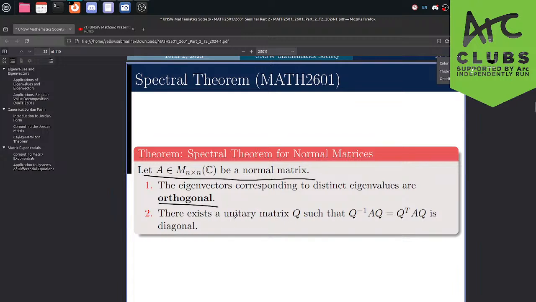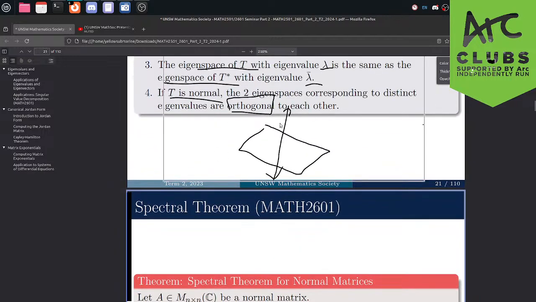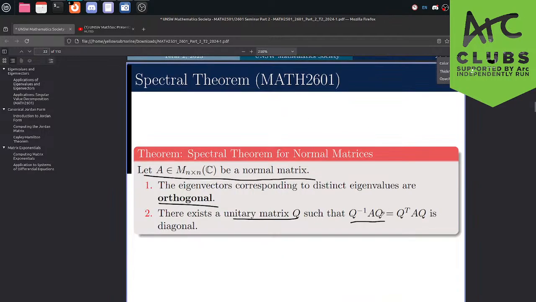And there exists a unitary matrix Q such that Q inverse AQ is equal to Q transpose AQ. So this is what we were talking about earlier: this orthogonality means that you will have a unitary matrix Q, which is your matrix of eigenvectors for diagonalization.